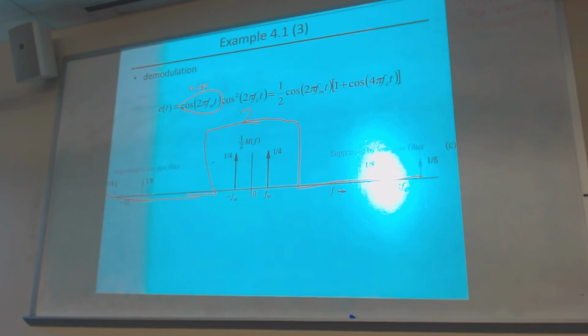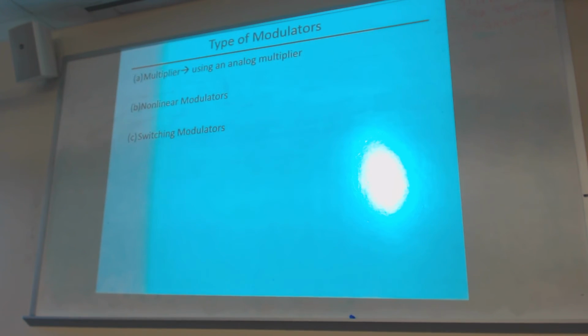So I guess up to this point, somehow we have used all the properties that we had seen before: multiplication, cosine, exponential, etc. Now here, we introduce some practical ways of doing this modulation.